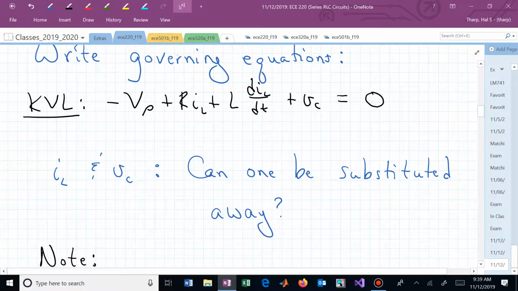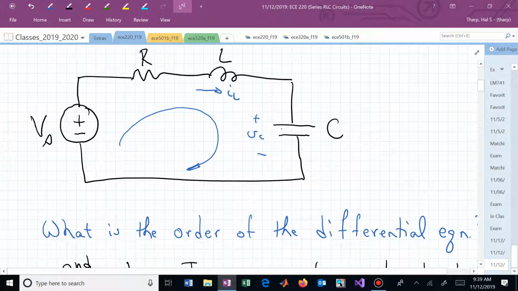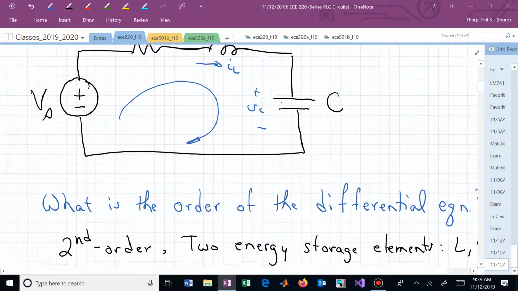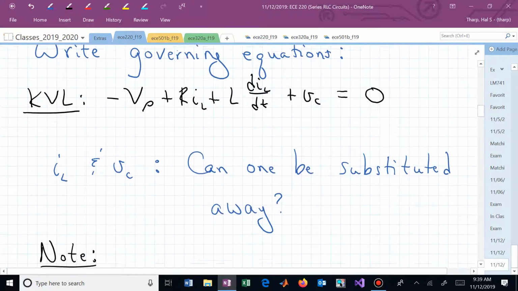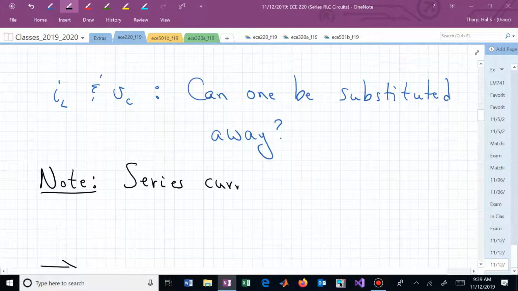What's common in this series RLC circuit relative to the elements? What connects all of those? What do they share? Share the same current. So let's note that the series current is shared by all elements.